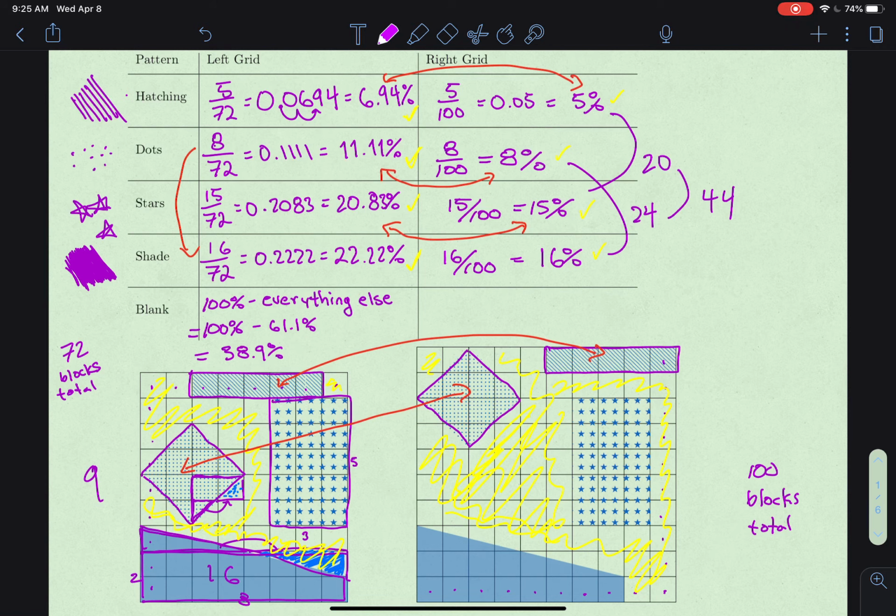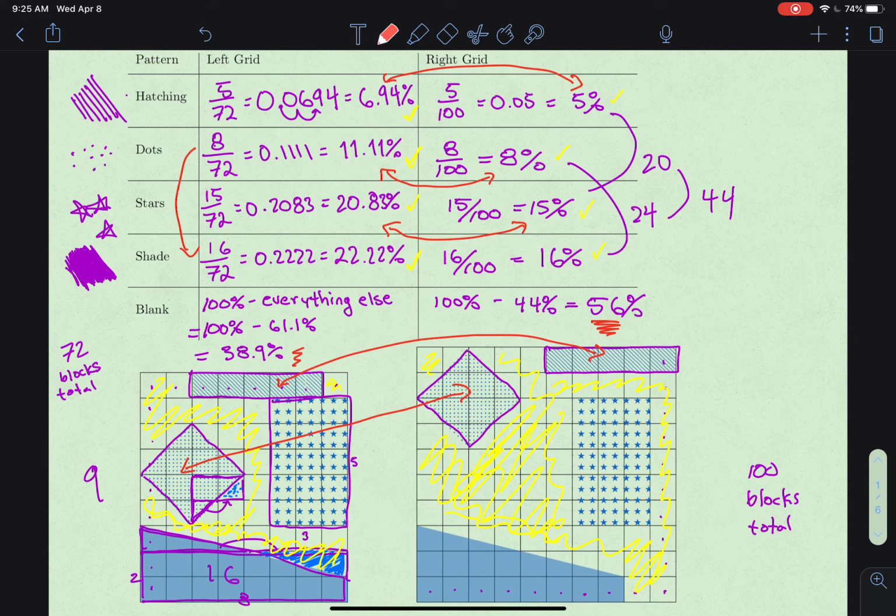So this one is going to be 100% minus 44%, which is equal to 56%. So yeah, as we thought, this number is actually bigger. 56% is bigger than 38.9.